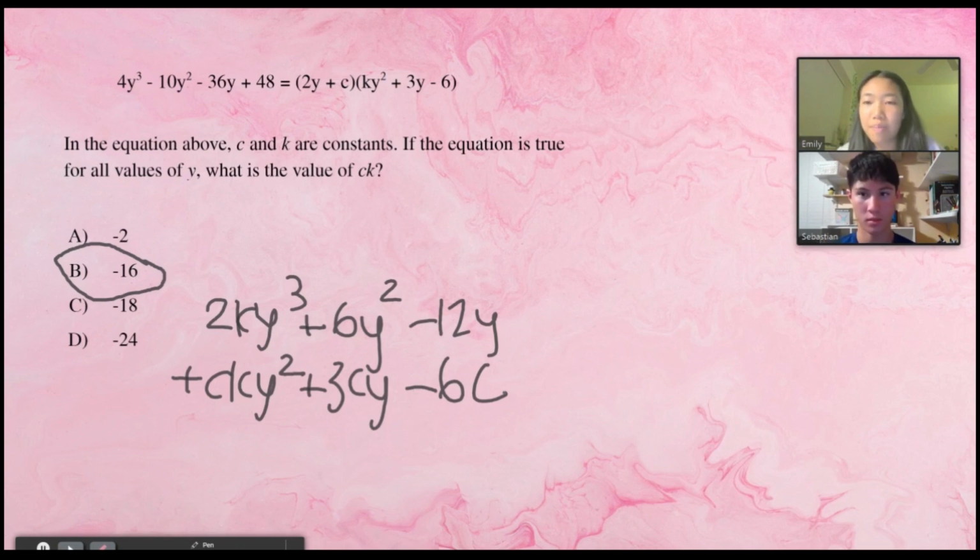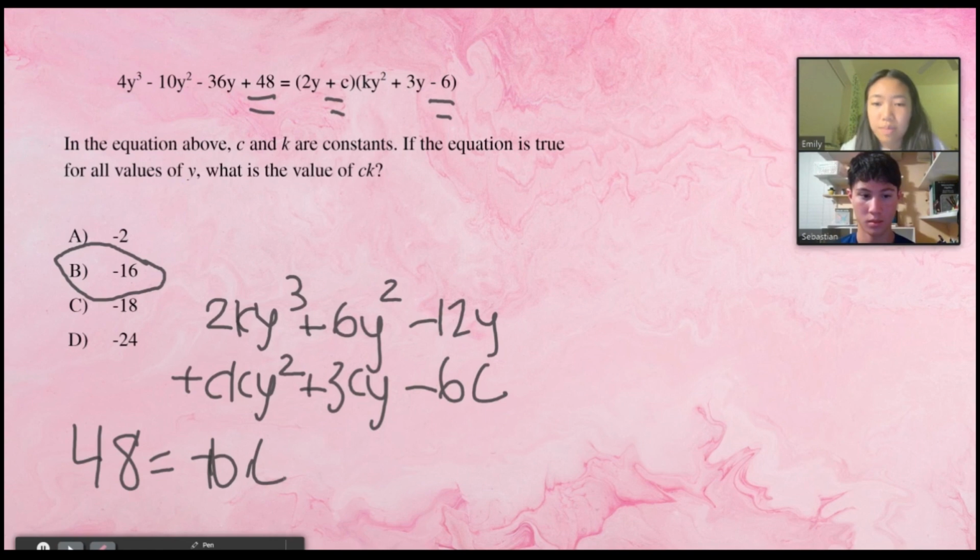So we're going to match the only constant on the left side, which is 48, to the only constant on the right side, which is going to be c, because c is going to be a number, times negative 6. So we match those together. 48 equals negative 6c. And that means that c is going to be negative 8.